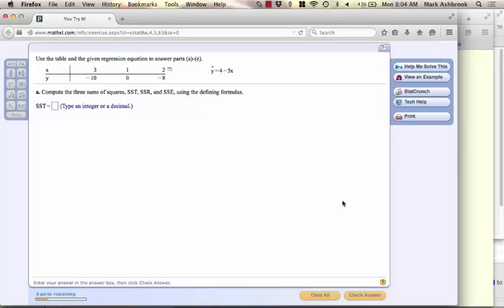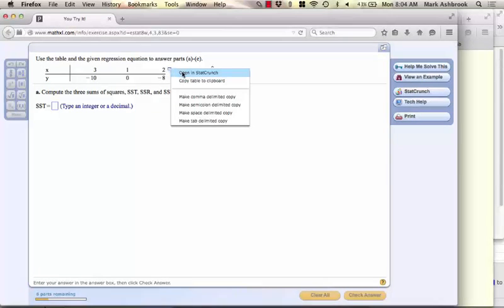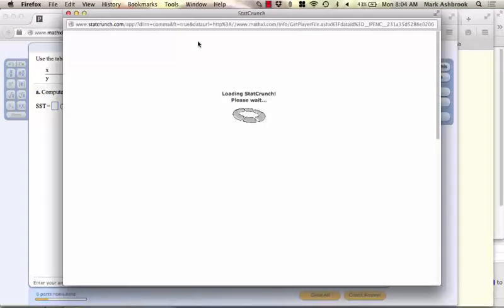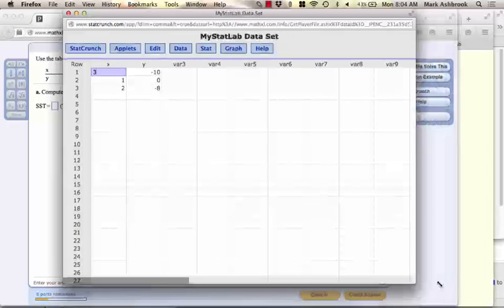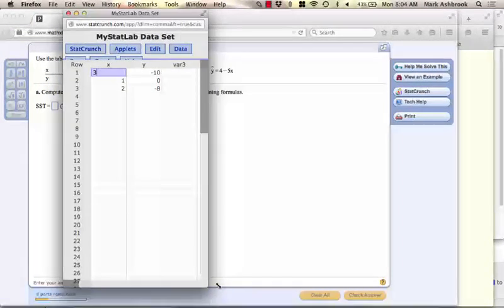Compute the three sums of squares SST, SSR, SSE using the defining formulas. Okay, so we're just going to use StatCrunch to do it. I'll show you how this works. But you will have to know what those mean, okay?